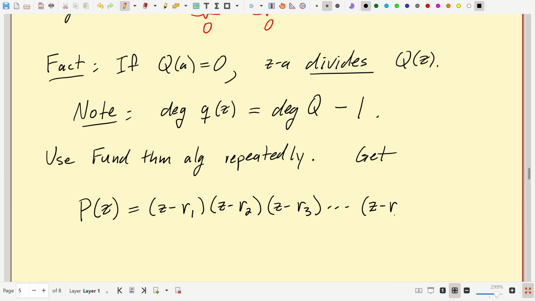Every time it goes down by a power, and then the very last time the degree would be 0. And so when the degree is 0, the quotient would be a constant. This is the last remainder.